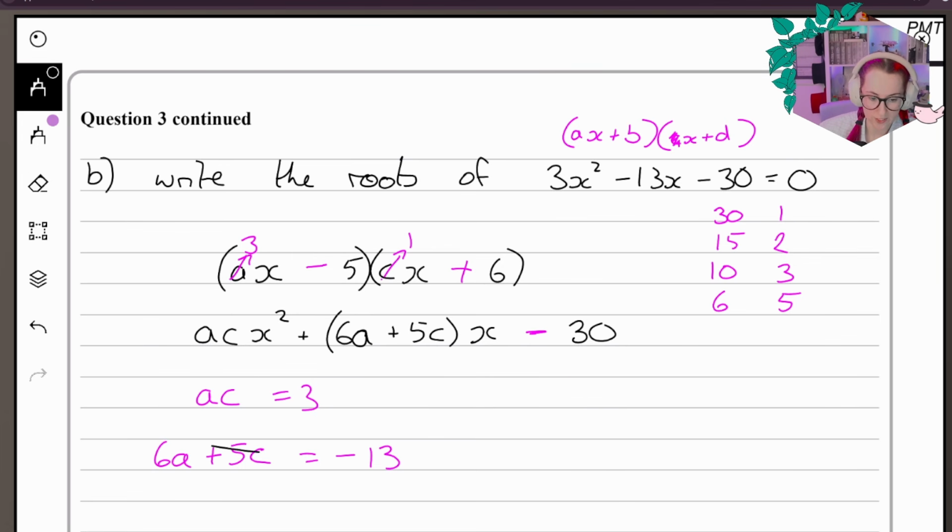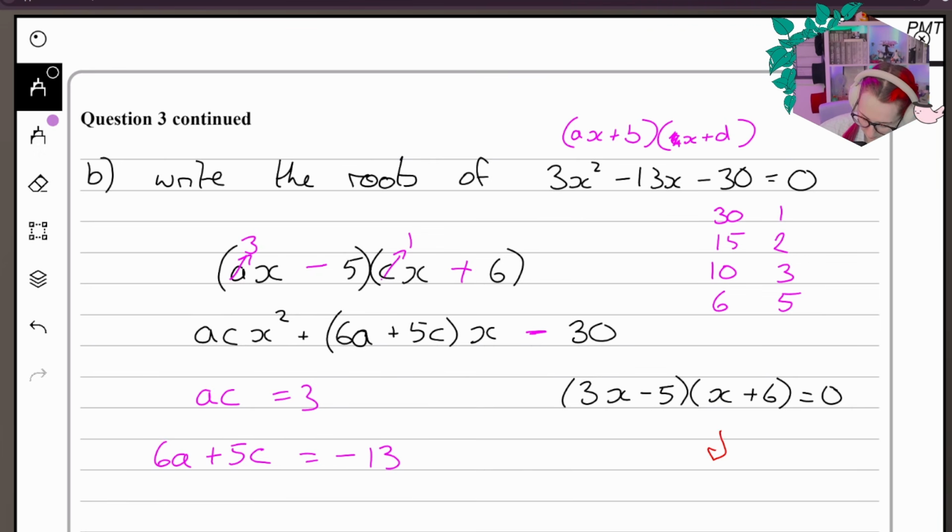Okay, so that gives us... We could solve these two equations formally, but just trying out different cases and seeing what works is also a valid option. So our brackets, 3x minus 5 and x plus 6, are equal to 0. And that's the reduced form of the expression up there, which means either one of these is equal to 0.